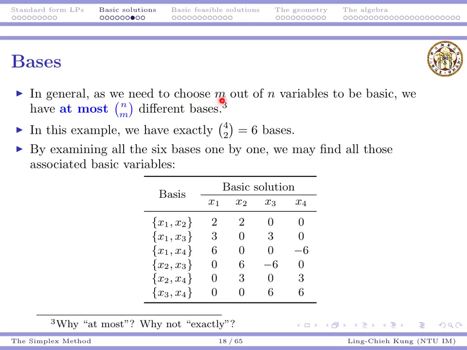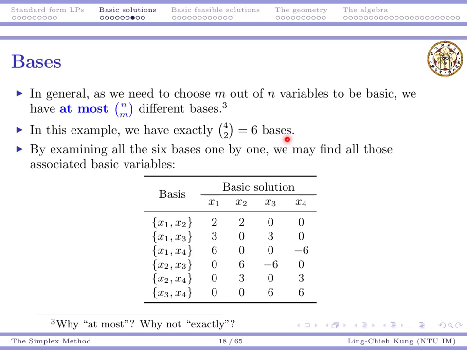Because we choose m out of n variables to be basic, we have at most n choose m different bases. Okay, so try to think about why here I use at most instead of exactly. When do you see less than n choose m different bases? Okay, but in this example, we have exactly 6 bases. As I mentioned, this is by coincidence.